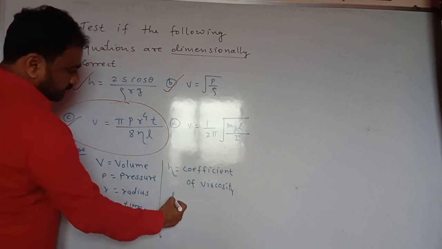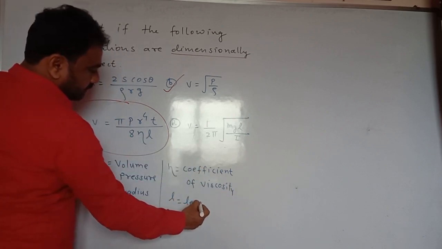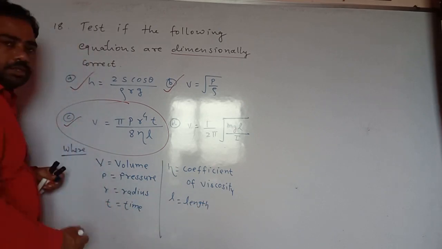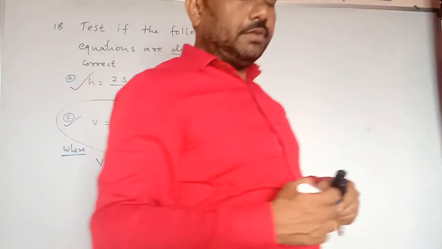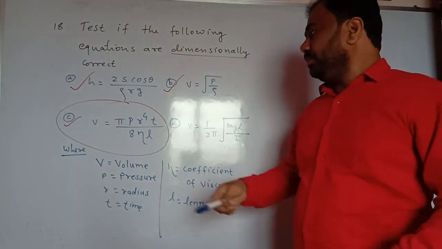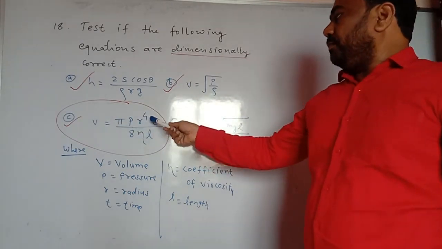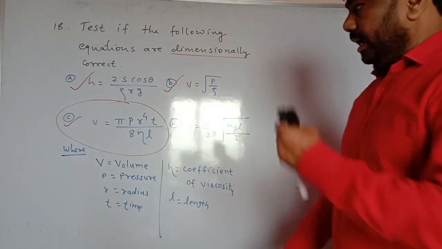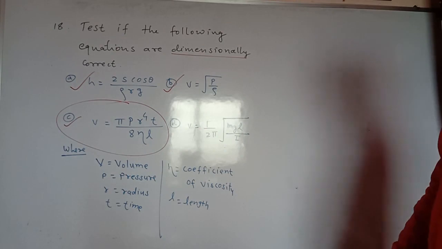Then L stands for length. Okay, so these are the parameters of the given equation, that is V, volume, is equal to pi p r to the power 4 into t upon 8 into eta into L.